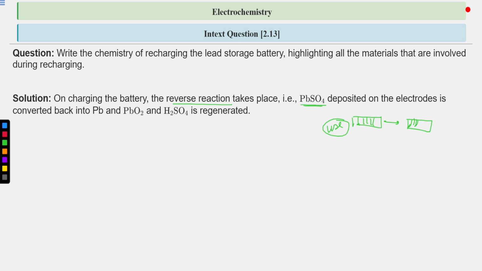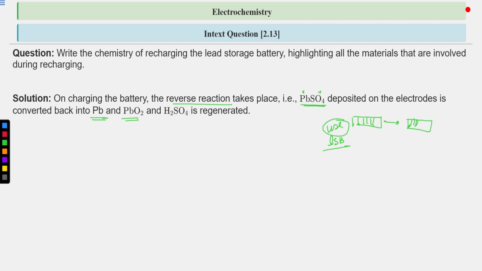That is, lead sulfate, which is deposited on the electrodes, is converted back into the lead and the lead oxide. We are getting the lead sulfate, right? PbSO4 at the product side in that reaction of discharging. Discharging is not a correct word. You can say when you are using the lead storage battery, then that reaction was happening where we are getting the lead sulfate as a product.